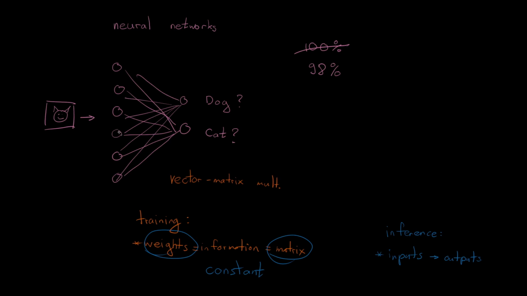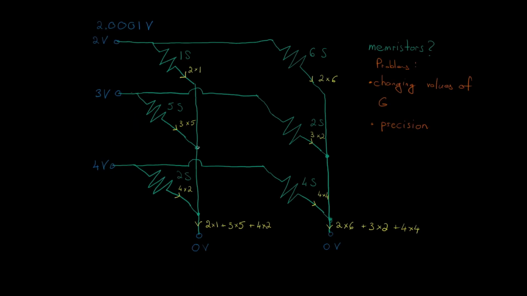What this means is that if we have these vector matrix multiplications that I was talking about, this matrix is going to be constant. And that's kind of good news for us, because if we wish to implement these weights using resistors, what we could do is we could set their conductance to the values we desire once, and we wouldn't have to change these. So it's very useful, okay? Because this matrix is going to be constant.